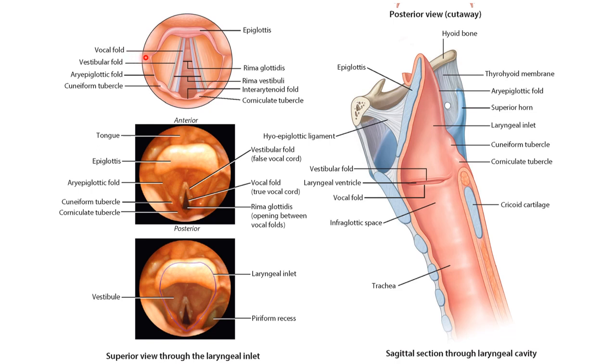And this would be the inner aspect of the larynx, and you have here a lot of mucosa. So the true vocal cord will be this one. This is your vocal fold. And air from the trachea will move past through this and cause this one to vibrate.